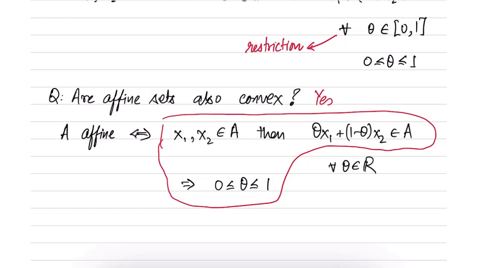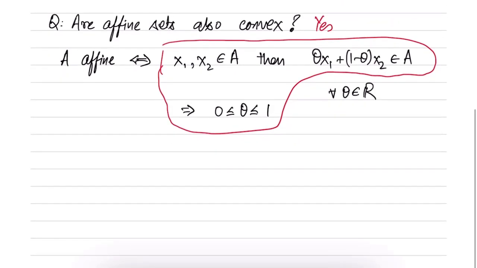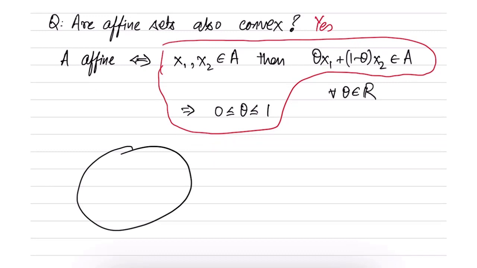This can also be depicted pictorially. So pictorially you could say that this is a convex set because any 2 points here, the line segment between these 2 points would lie inside the set, right? But this is clearly not an affine set because the points that correspond to theta outside of 0, 1 are actually not necessarily inside the set. They could be outside the set.